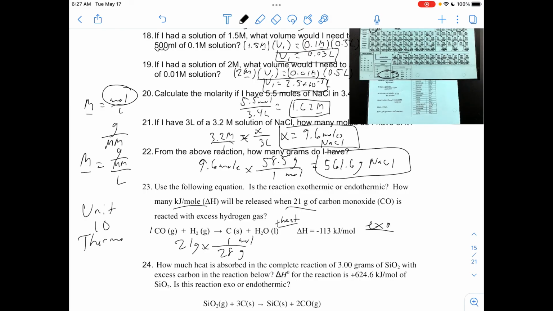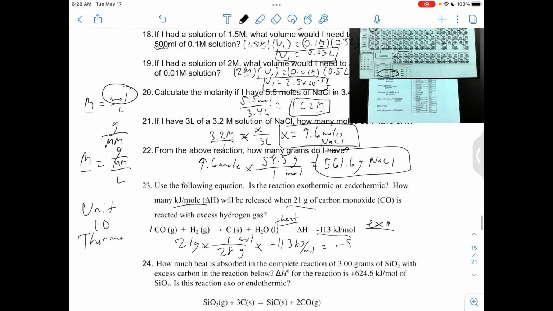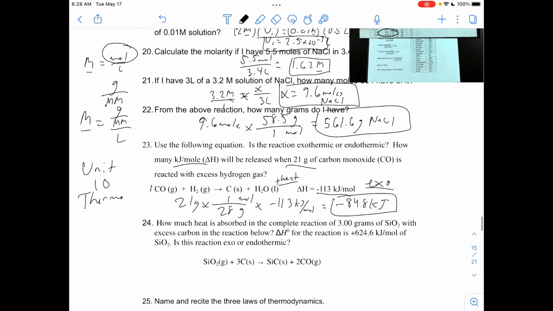Then, since this is kilojoules per mole, I multiply whatever I get by negative 113 kilojoules per mole to get kilojoules. So 21 divided by 28 is 0.75. So 0.75 of a mole times 113, I get negative 84.8 kilojoules.